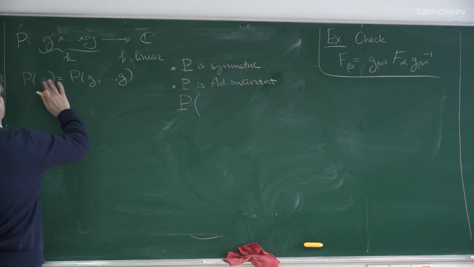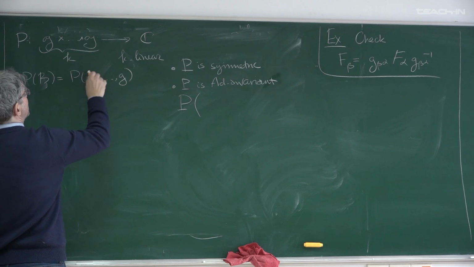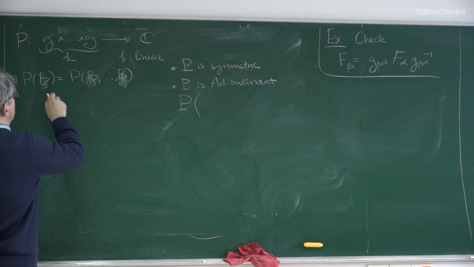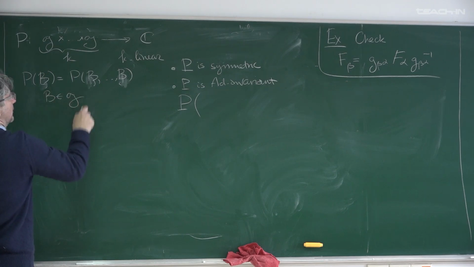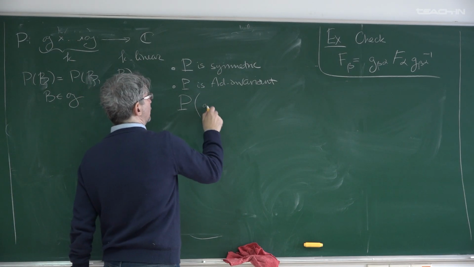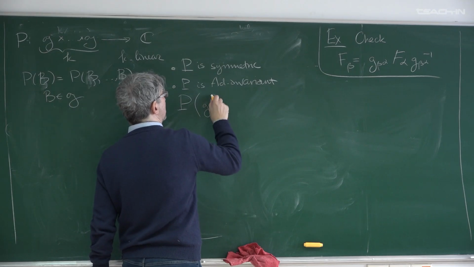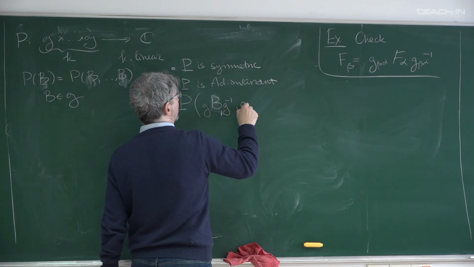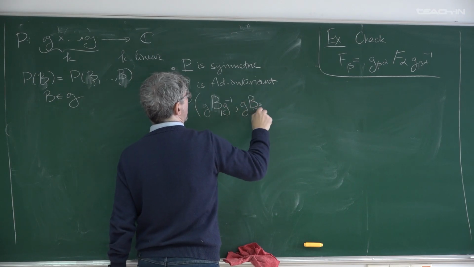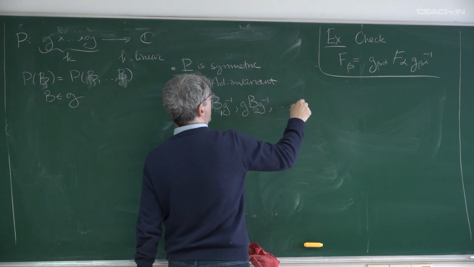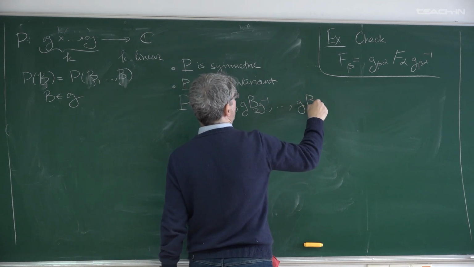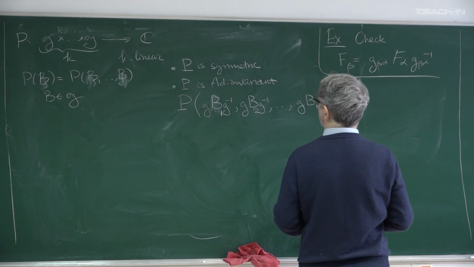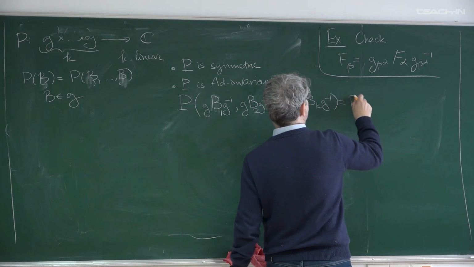Let me change the letter here to B, because g is an element of the group. So let me write here B. B belongs to the Lie algebra. So if you apply Ad at each place, then nothing happens.